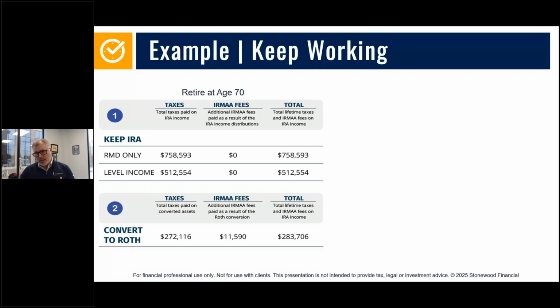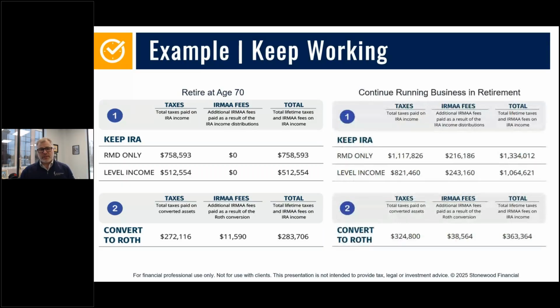Now, the one change I made, which is, okay, now we're going to keep working. And so if we continue running the business in retirement, look at those IRMAA numbers. My tax situation went up too, by the way. Why? Yeah, right. You're making the connection here, right? So look at this.